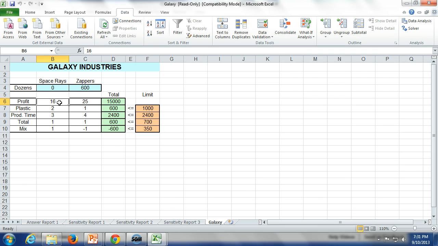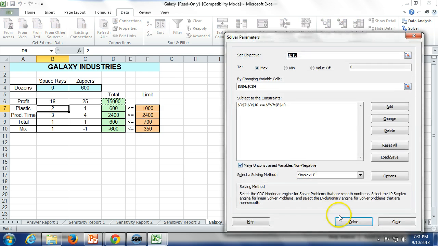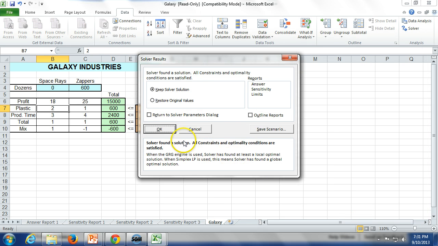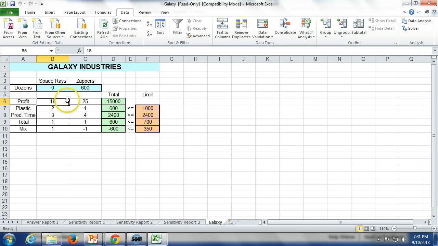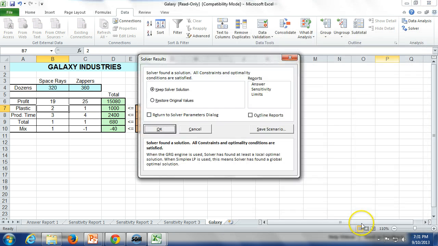If I go to $18, is it going to make any space rays? Let's try. Resolve, no. Still no space rays. If I go up to $19, is it going to make space rays now? It is. I don't know how many it's going to make, but remember 18.75 was that threshold. We're over that threshold now. I click solve, and hey, we're back to our original 320 and 360.